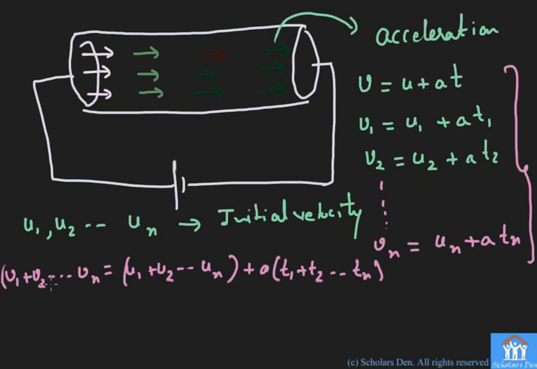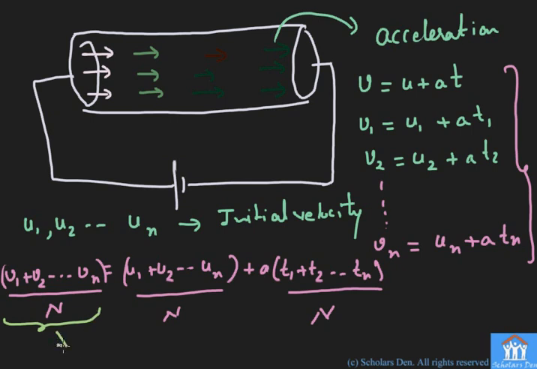Now dividing both sides by n, this velocity becomes the average velocity, and this whole term is known as the drift velocity. This is your average thermal velocity, which you can write directly as 0, and this gives you the concept of the average time, which is known as relaxation time.